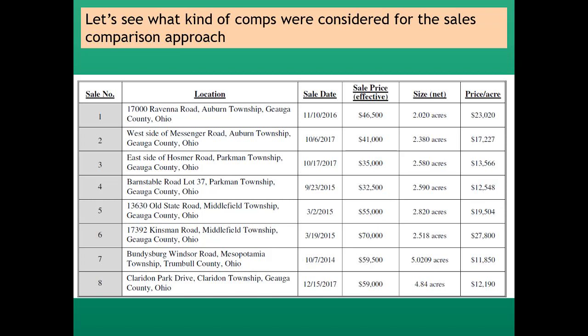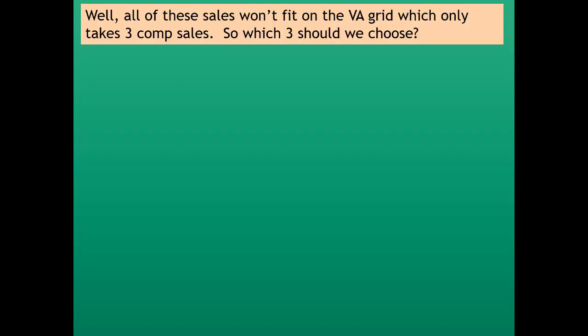Here are the actual comparables that were considered by the appraiser in the valuation of the property. All of those sales aren't going to fit on the value analysis grid, which only takes 3 sales. So the question is, which 3 should we choose?